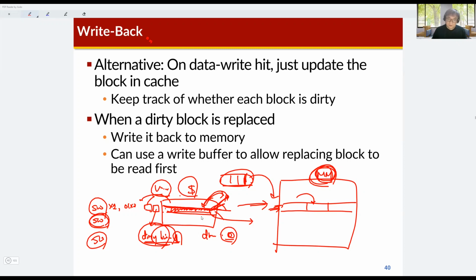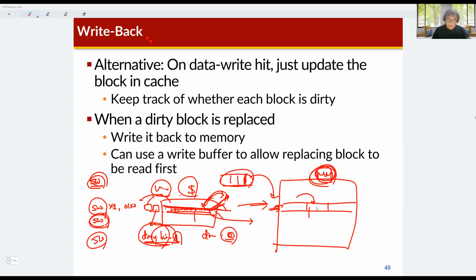Actually, the address for this data in cache and main memory are the same, right? When this store instruction is executed, the programmer, the software, assumes that the data in the main memory is also updated. But it's not true in the write back cache.